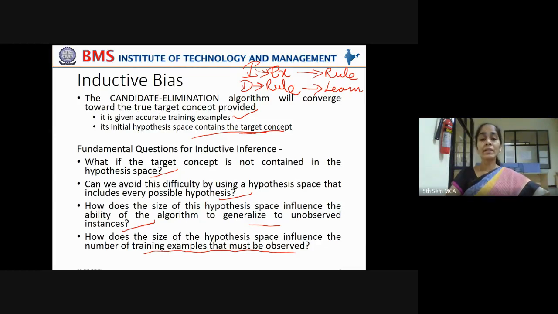So what should be the size of the training examples that should be given to the learner in order to reduce the size of the hypothesis space? These are various questions that will be encountered, and let us see whether this inductive bias concept, or inductive learning concept, will help us to answer these questions.